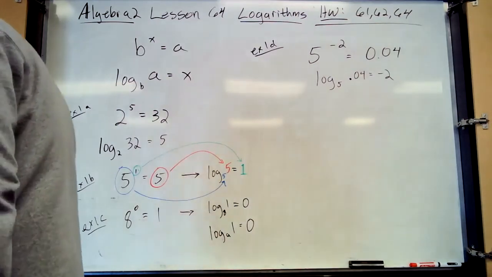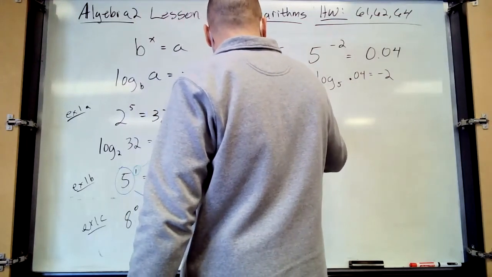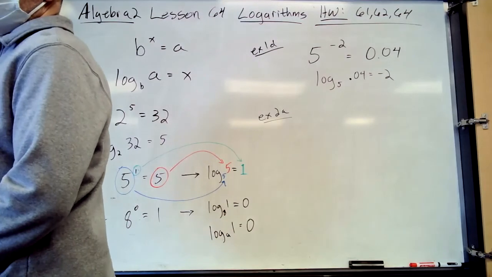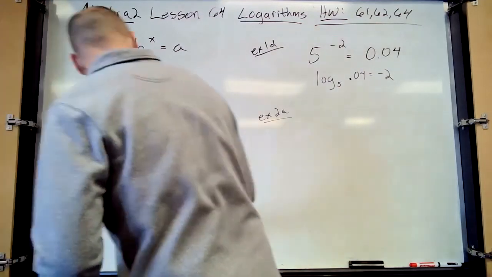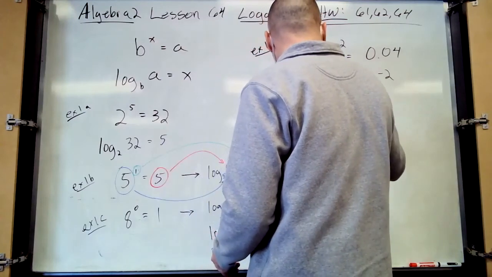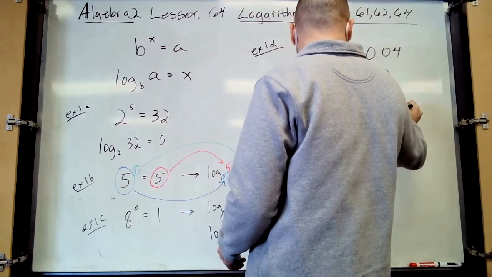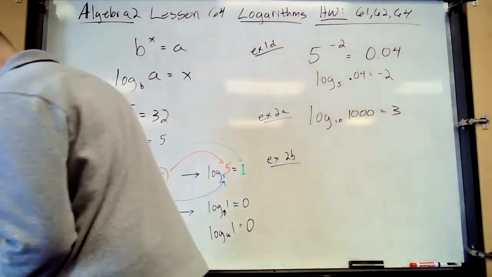Okay, and then going backwards. This is pretty much all this lesson is, just converting back and forth. We're not even doing any operations in it yet. So let's go backwards, see if you can do this on your own. So convert that.